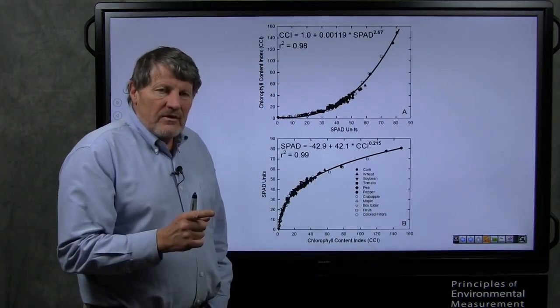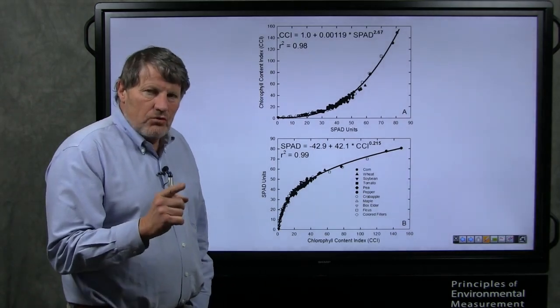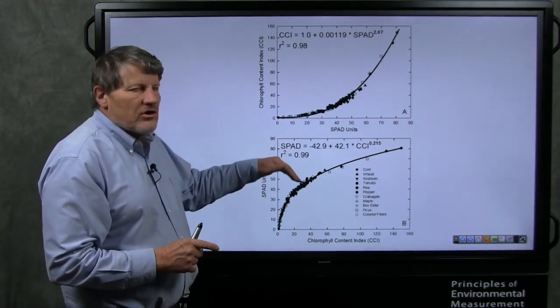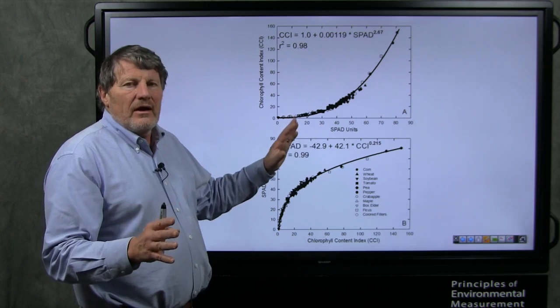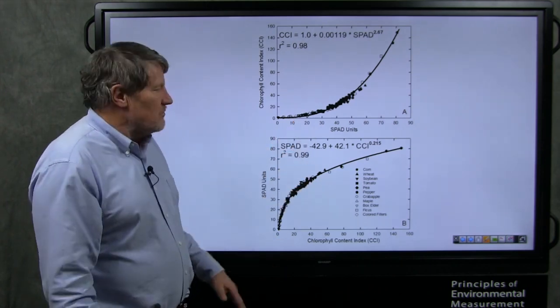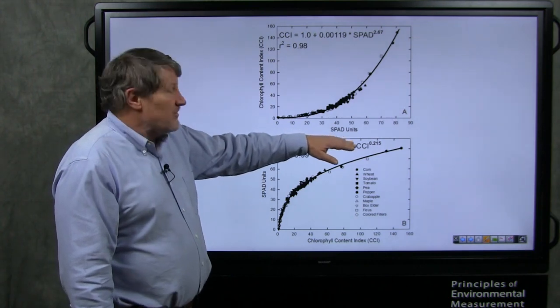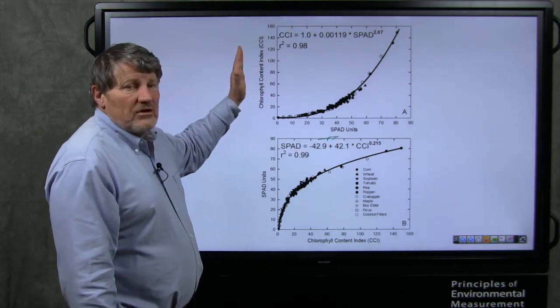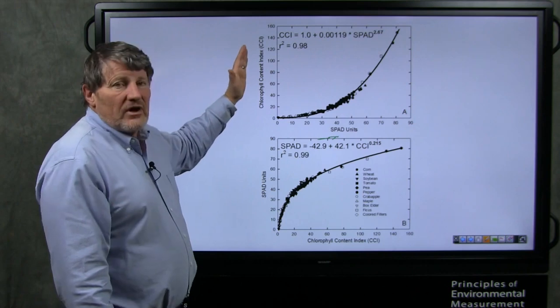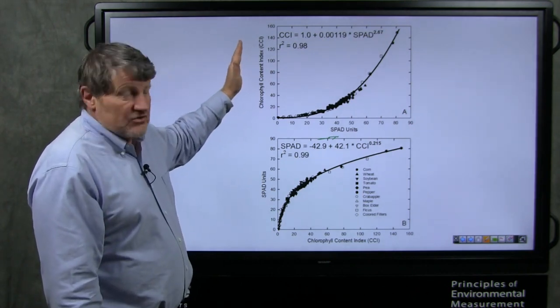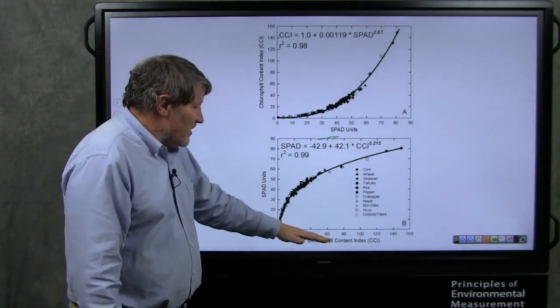Along the way, we were able to develop two very accurate curves for converting among optical units from different meters. These special products analysis division units can now be converted to chlorophyll content index, which is what OptiSciences uses, and vice versa.